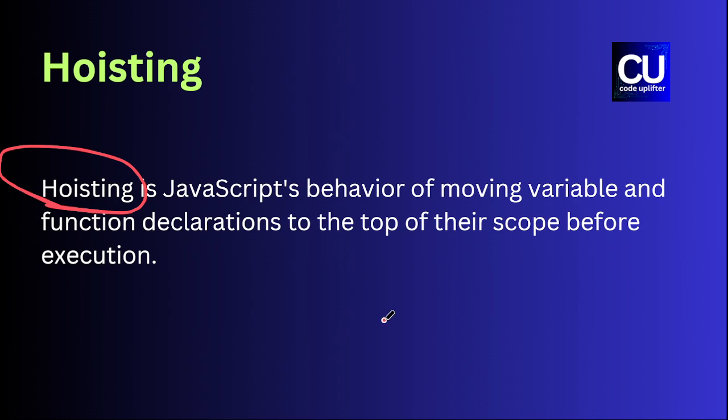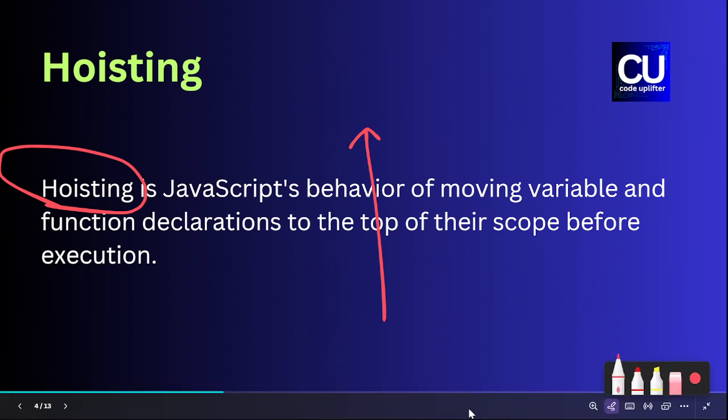Hoisting means going to the top. That means if you declare a variable using var or let or const, let's say var x equals 10, that declaration part, var x or let x, is hoisted to the top. But there is one difference in the hoisting of var, let and const. Let's go to VS Code and understand the difference.